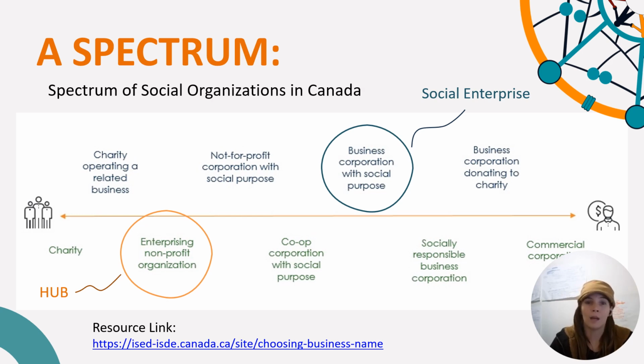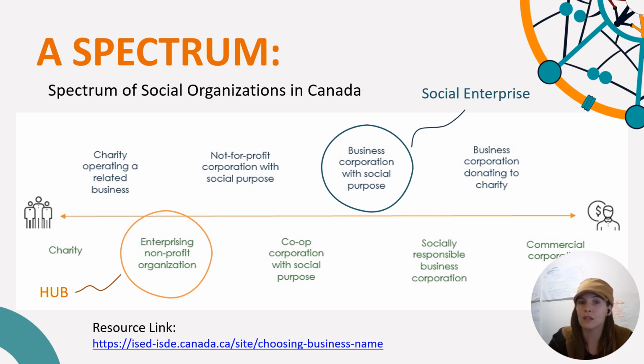Next on the scale, we have a not-for-profit corporation with social purpose. Then we have a co-op corporation with a social purpose. And here we have a business corporation with a social purpose. So that comes down again to the definition of where social enterprise is in the line.